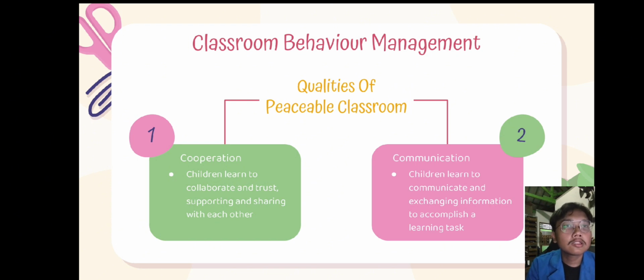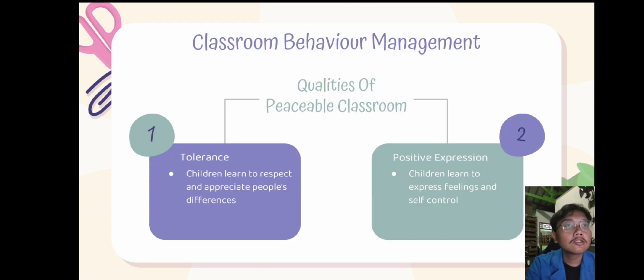Third, there's tolerance. Children learn to respect and appreciate people's differences. Positive expressions. Here, children learn to express feelings and self-control, which is important. We need this method to make the classroom more manageable and peaceful.